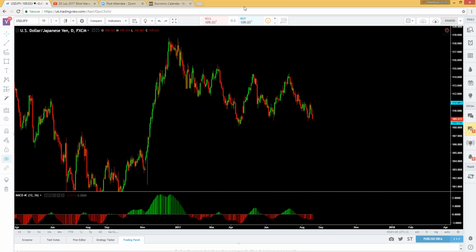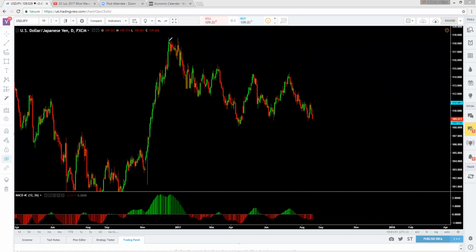And just remember this when I go down to the lower time frame. There's a fractal that is actually happening here. I'm just going to get my drawing tool out. Make it thick. So there we go.